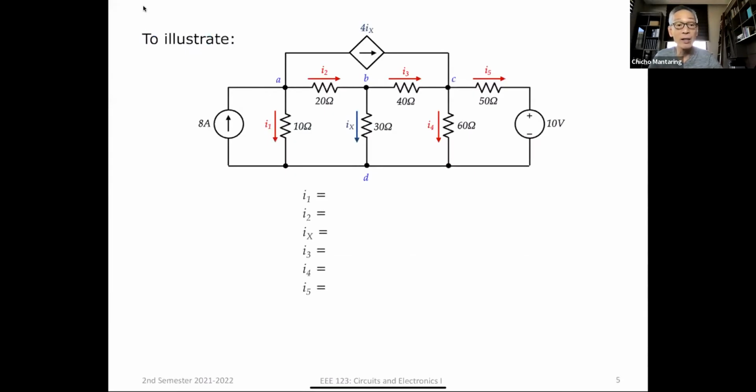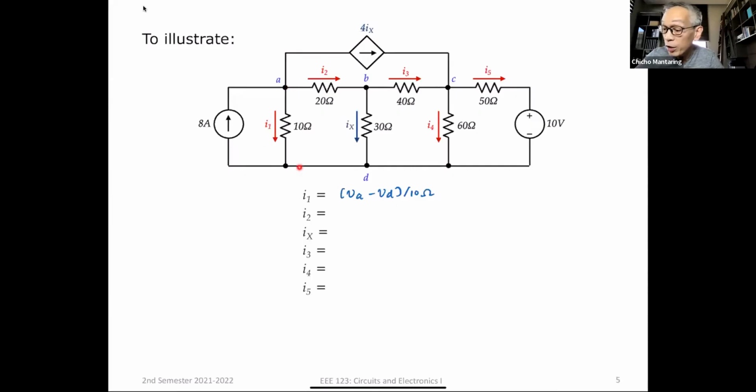What is I1? So this is I1. I can express this in terms of VA and VD. I1 is equal to VA minus VD divided by 10 ohms.